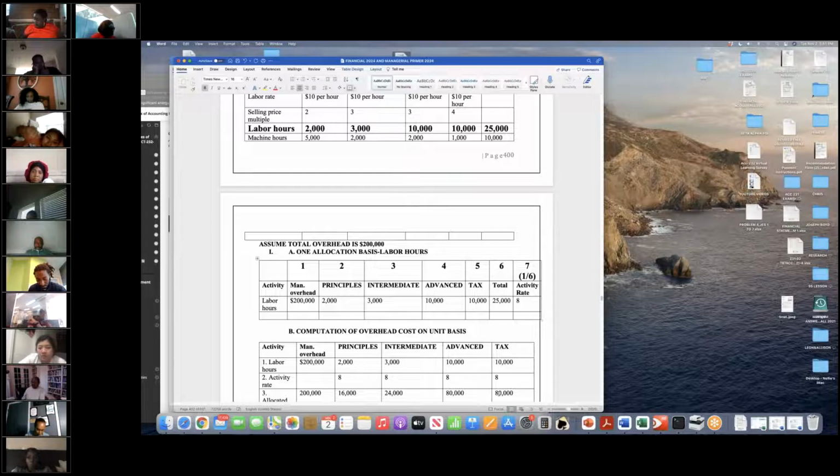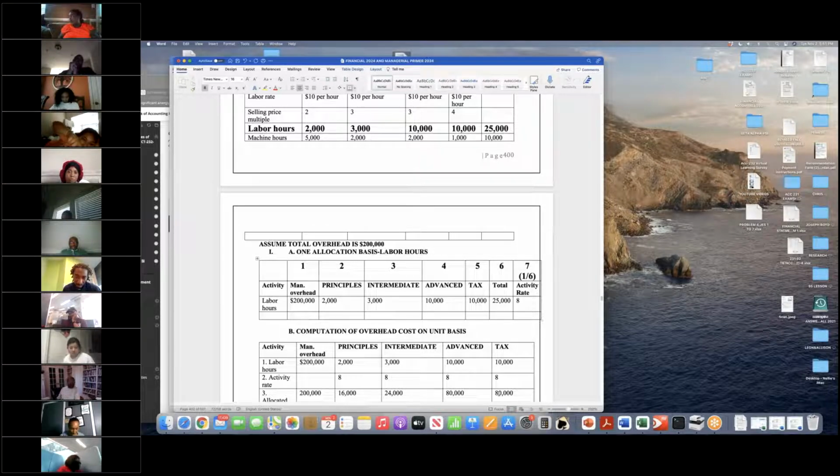How much is that? 200,000. So we have allocated the overhead now.